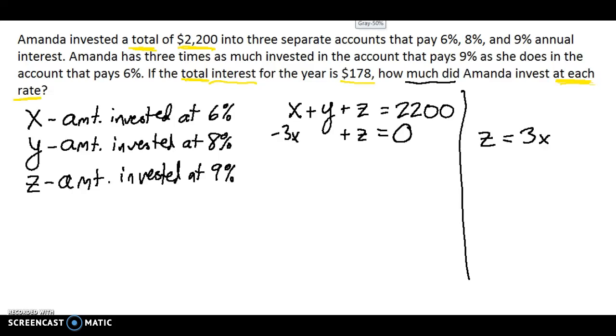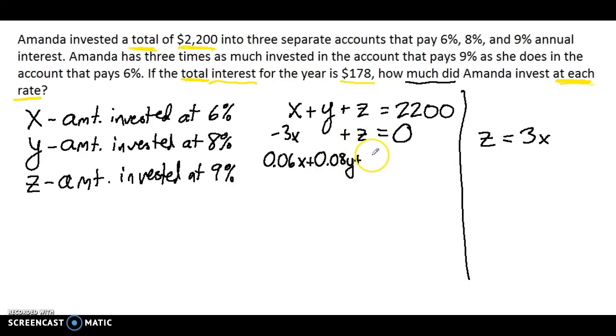How much interest would we earn in the 6% account? Obvious answer is 6%. Okay, but 6% of what? How much have we invested there? We've invested x dollars. So we earn 6% of whatever x is. In order to do that, we're going to multiply x by 0.06. In order to find the interest from the 8% account, we'll multiply y by 0.08.